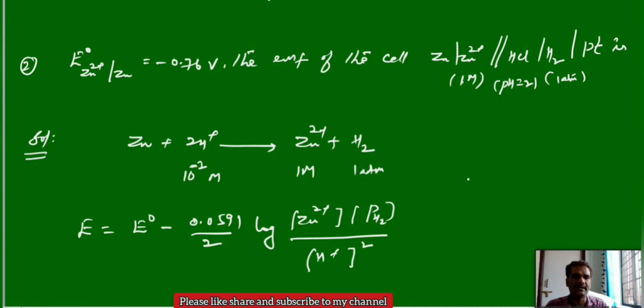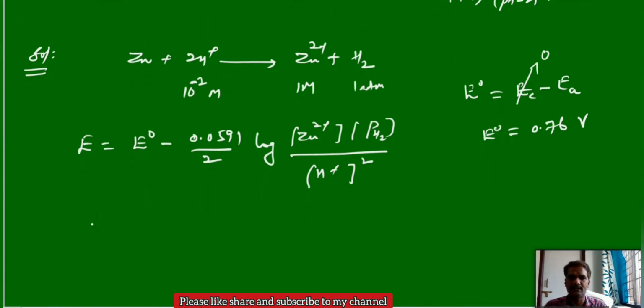And what is the E naught? E cathode minus E anode. Here the hydrogen electrode is the cathode. For the hydrogen electrode, the electrode potential is 0. So E naught is minus of minus, you get 0.76 volt, which you can substitute here directly.